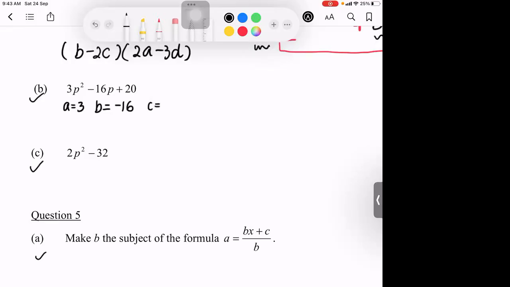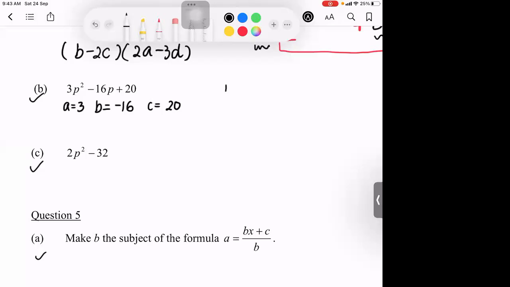Then C equals 20. Okay, you can use your calculator mode: mode 3, mode 5, 2. Everyone take out your calculator and practice. A is 3, B is negative 16, C is 20. Okay, you get your answer.